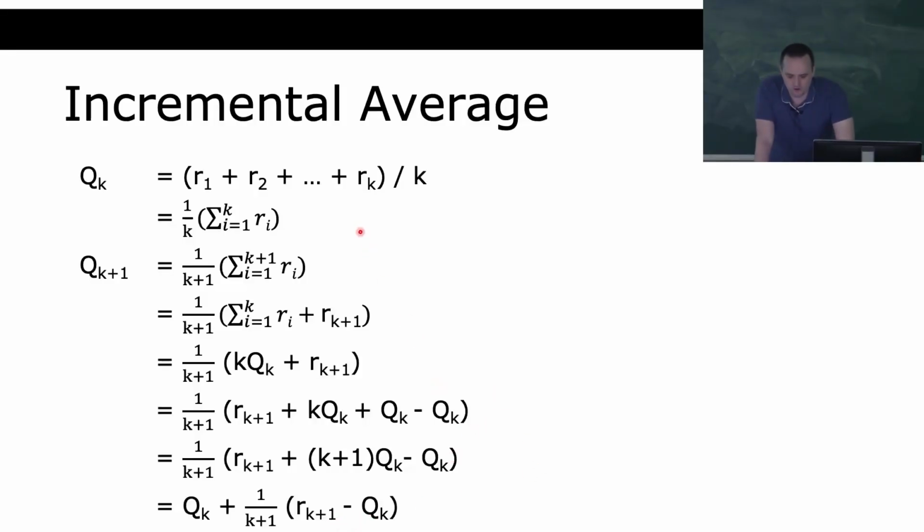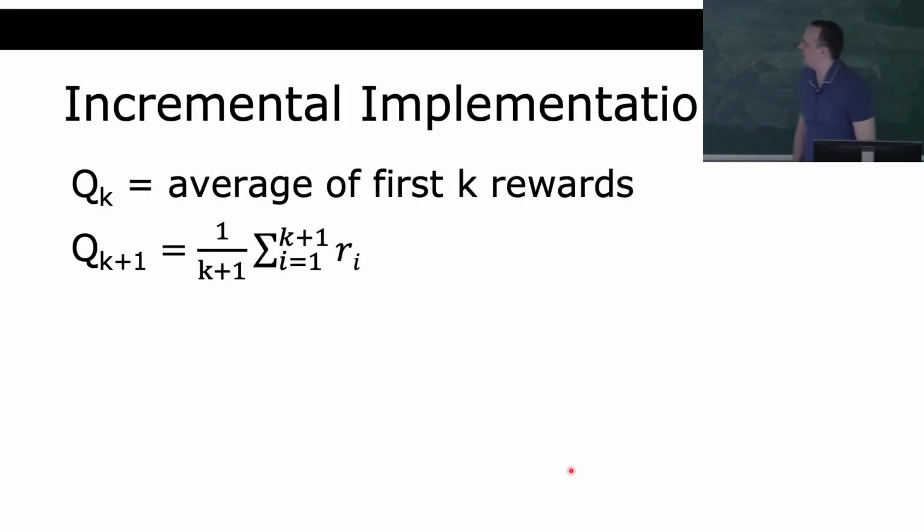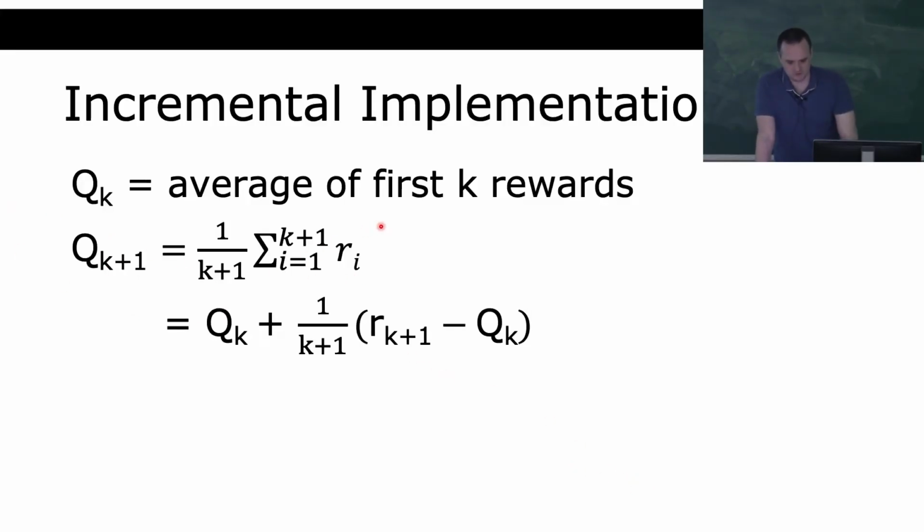So before, where I had to store all of my rewards, now the new average is equal to the old average plus 1 over the number of samples times the new reward minus the old average. Let's have a look at that in a little bit more detail. Q_k is the average of the first k rewards, and Q_{k+1} was equal to that, which we derived this from.